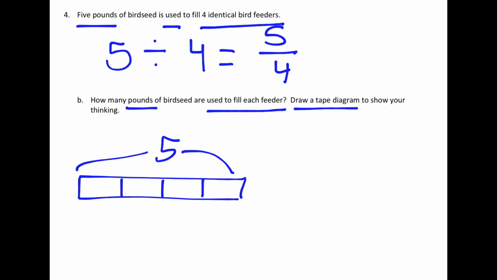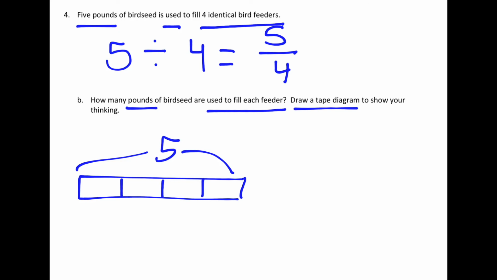Now, what we need to figure out is how many pounds are used to fill each feeder. So each of these units represents a feeder, and we need to figure out the pounds that go into each feeder. And the way we're going to do that is by dividing.